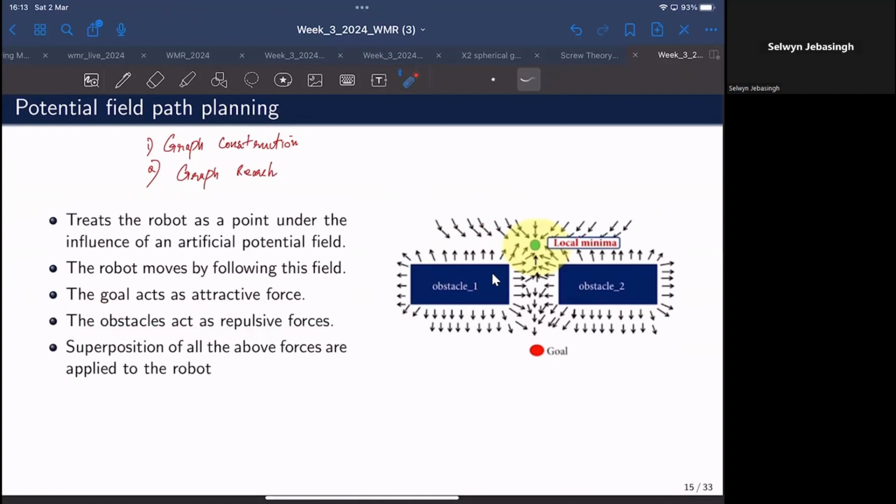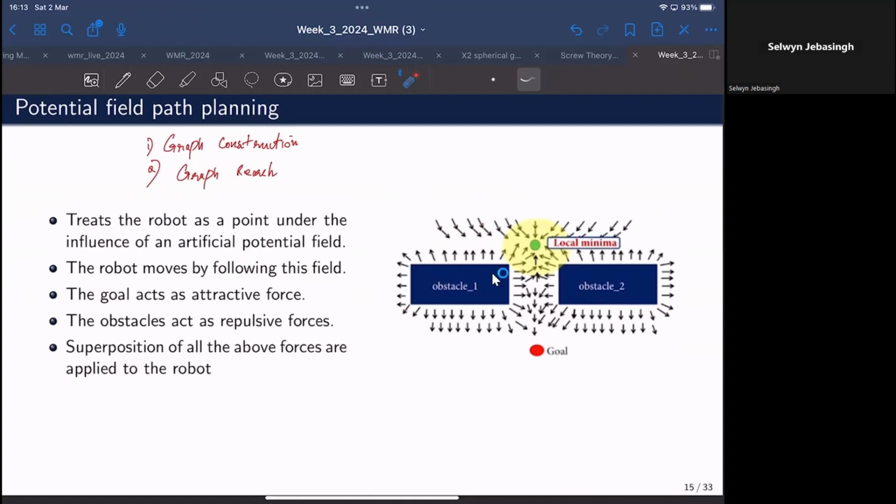And superposition of all the above forces is applied to the robot. All the forces superposed on the robot, attractive and repulsive, coming from all sorts of directions, will determine the next trajectory or the next course of action of the robot. If the net force is still attractive, it will still go towards the goal.